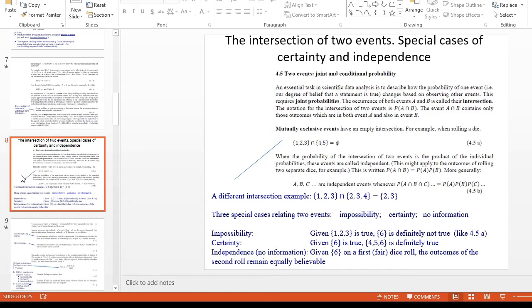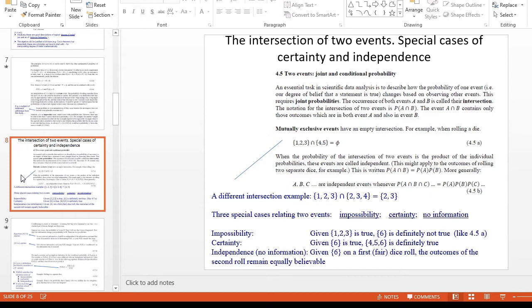So A, B, and C, the definition is in the equation, are independent events whenever the probability of the intersection of A, B, and C is equal to just the straight multiple of probability of A times probability of B times probability of C. And you can see how you would add additional events D and E, etc. It's just that the intersection is the straight multiple of the independent probabilities.